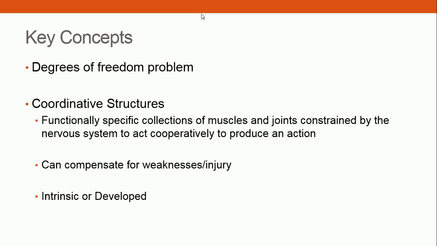Some of our coordinative structures tend to be very intrinsic. If we think about some of the basic reflexes that an infant would respond with, those things are happening very intrinsically. There are other coordinative structures that we're developing over time. If I'm thinking about a motor pattern that's going to help me throw a javelin, that's something I'm likely going to develop and learn over time.